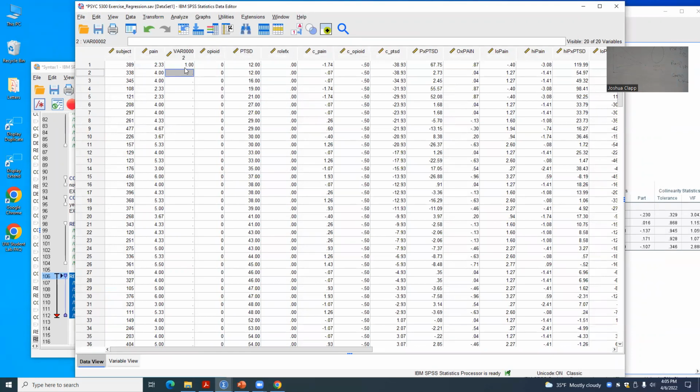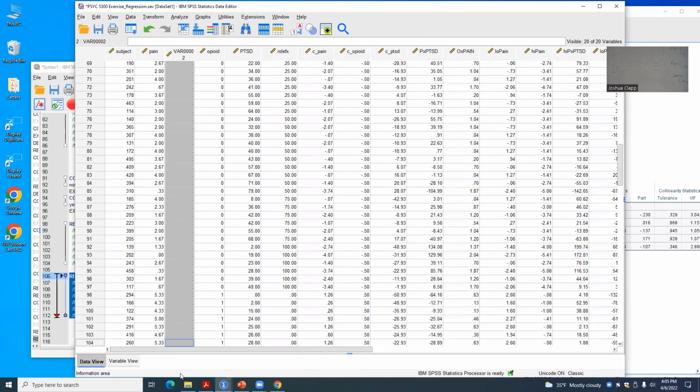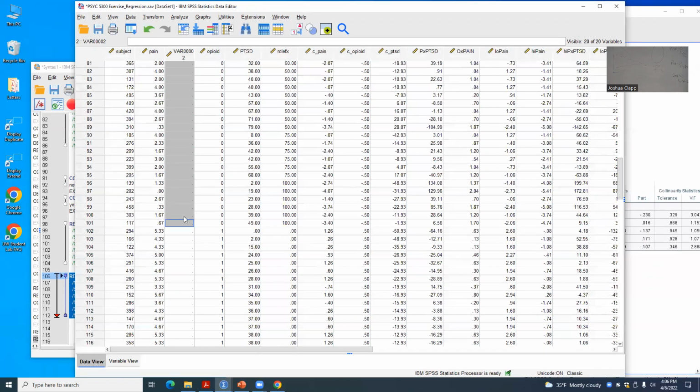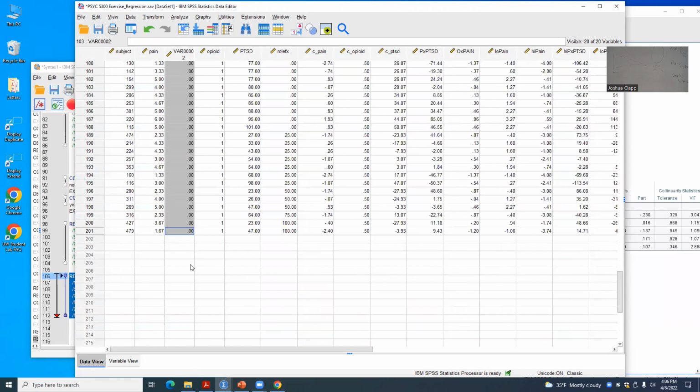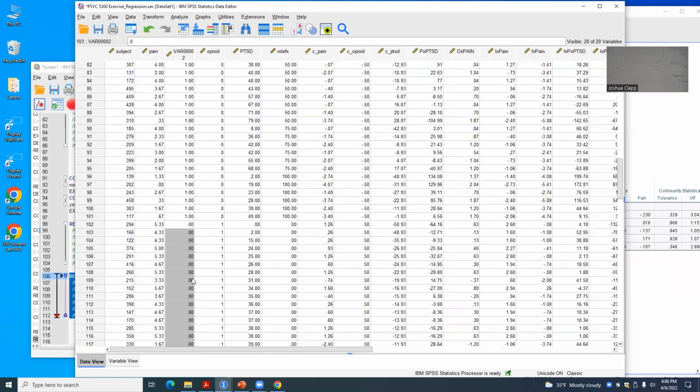And I just put 1 for anybody who used opiates, and 0 for anybody who hadn't. So I just made it. You can go through and recode, and you could put that together in SPSS with a recode command. It's just kind of a pain to type out, and I don't remember off the top of my head how to format it exactly.